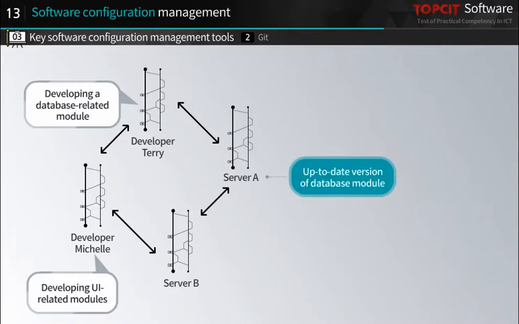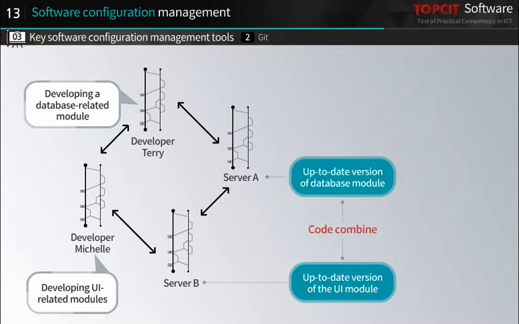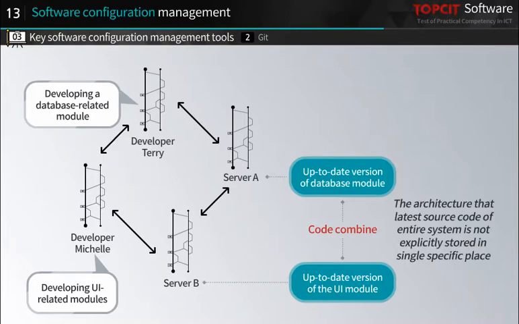Server A will have the most up-to-date version of the database module part of the entire system, and server B will contain the most up-to-date version of the UI module. After developing each module is completed, they can merge the codes of server A and server B to combine the development contents. That is, it is an architecture in which the latest source code of the entire system is not explicitly stored in a single specific place.